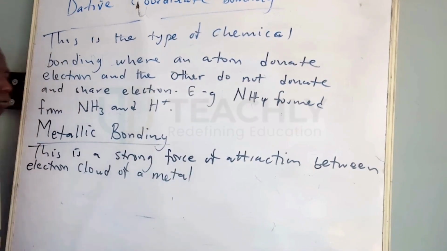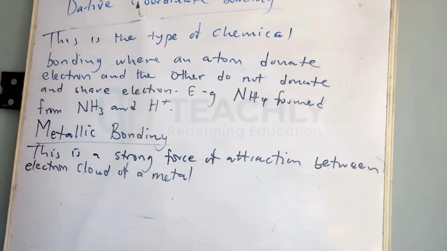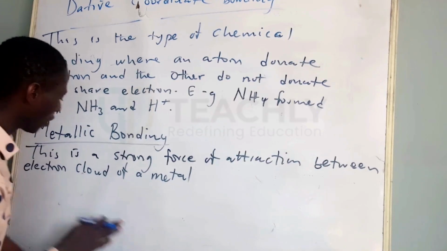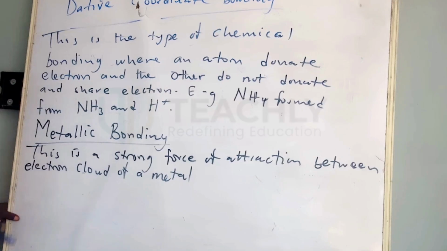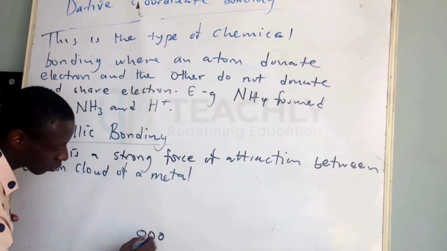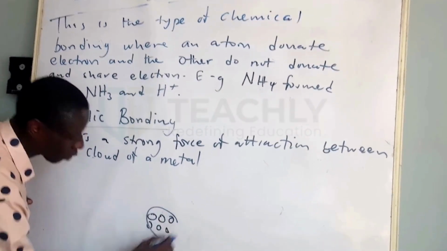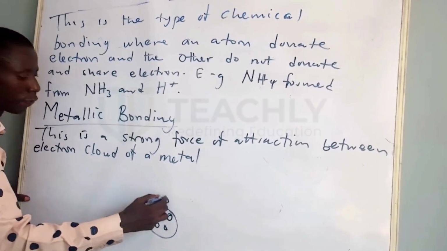So there will be a metal before the electron cloud. When you have an electron cloud like this, there is also a free valence electron.